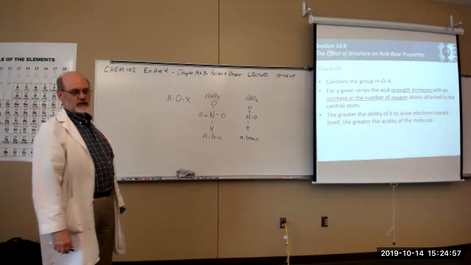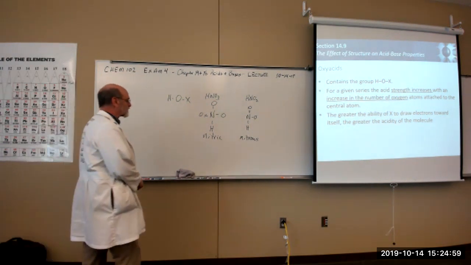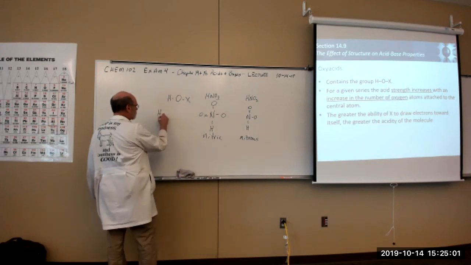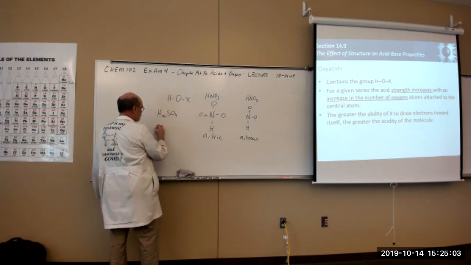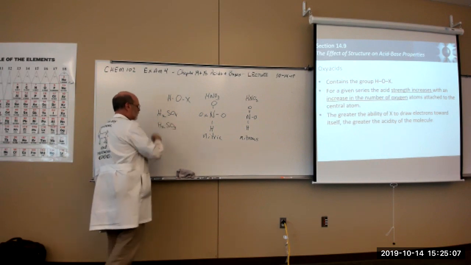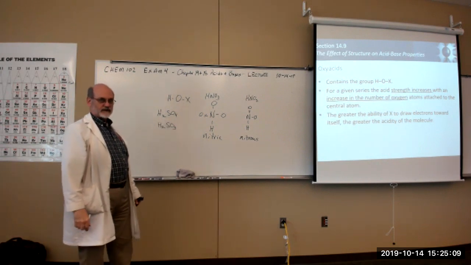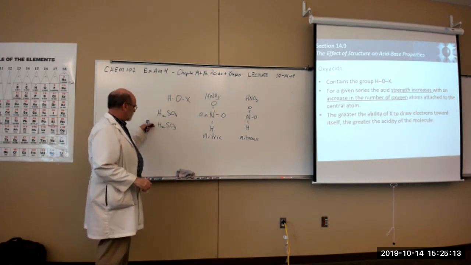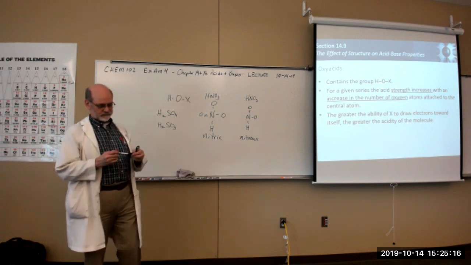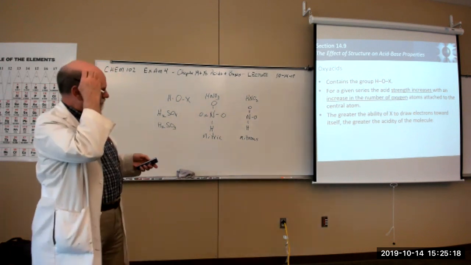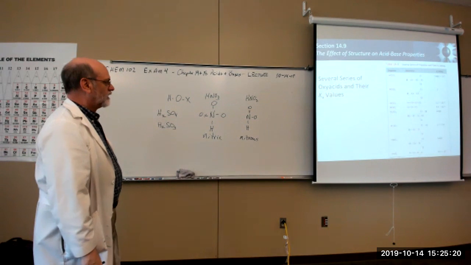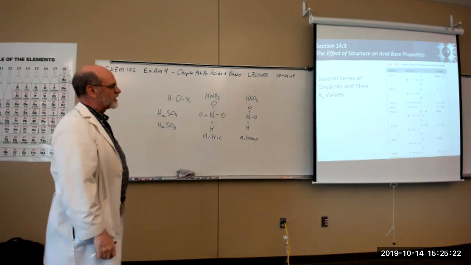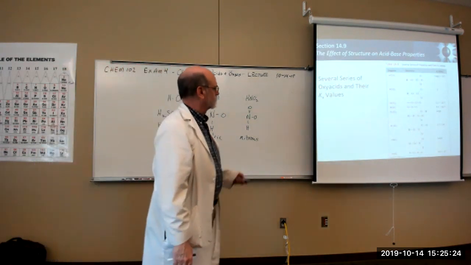That's what oxygens do. We could say the same thing for this one versus this one. Sulfuric versus sulfurous acid. Same explanation. This is strong, this is weaker. And these are just series, all right?